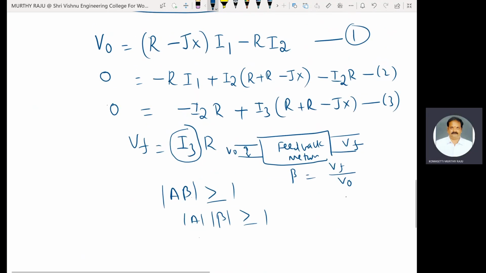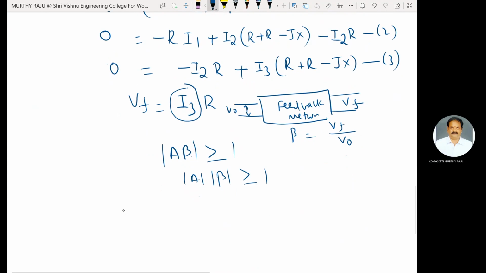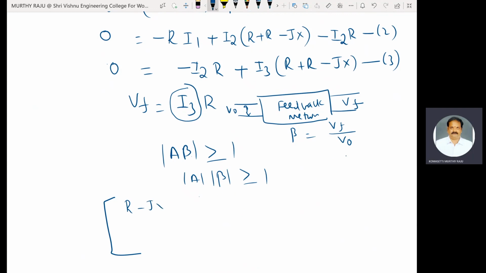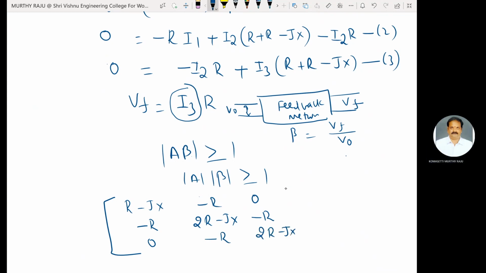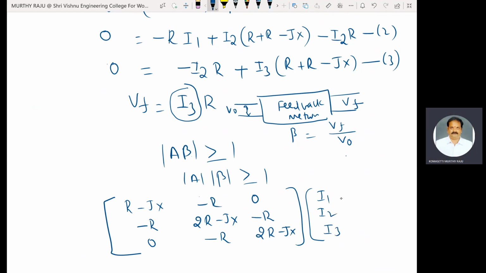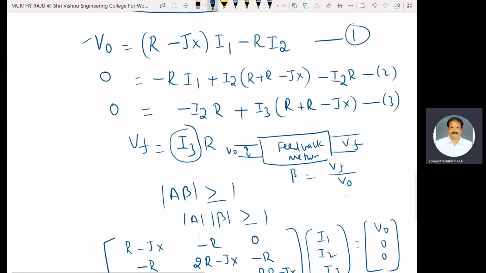These three equations are converted into matrix form: the rows are R minus jX, minus R, 0; minus R, 2R minus jX, minus R; 0, minus R, 2R minus jX; multiplied by I1, I2, I3, equal to V naught, 0, 0.